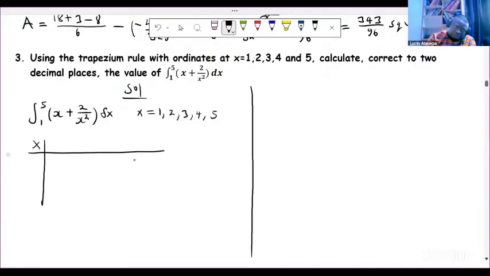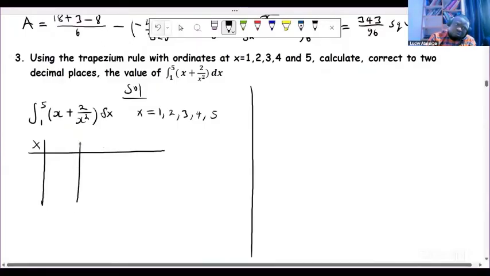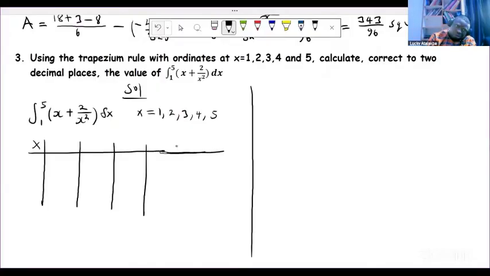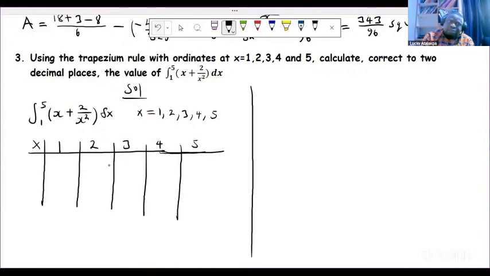X, then 1, 2, 3, 4, and 5. Then x squared, then 2 over x squared.